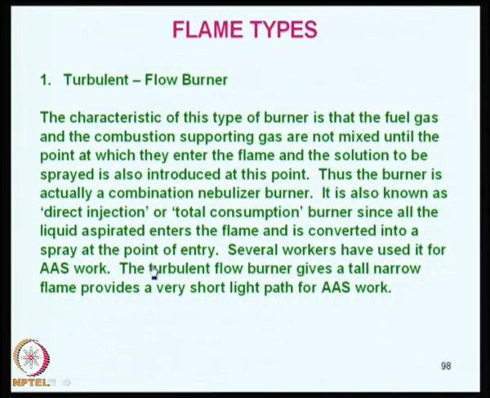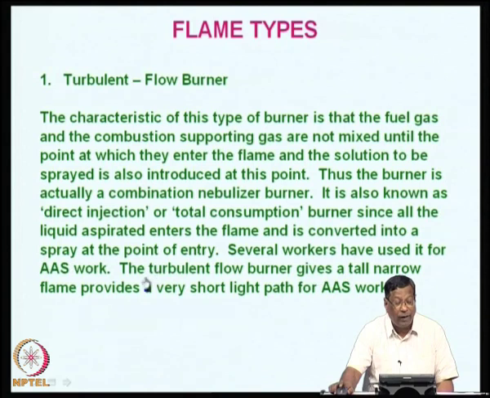These are the flame types. This we have already discussed. The turbulent flow burner gives a tall narrow flame, providing a very short light path for AAS. This is the reason why I have written on this slide that several workers have used it for AAS work.